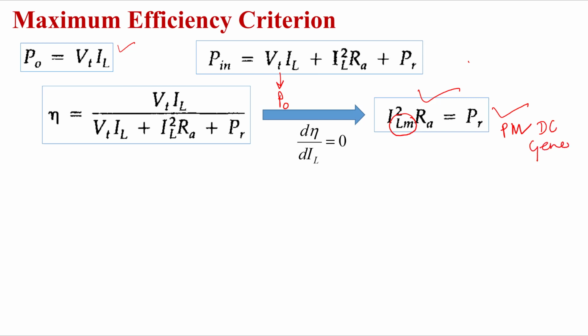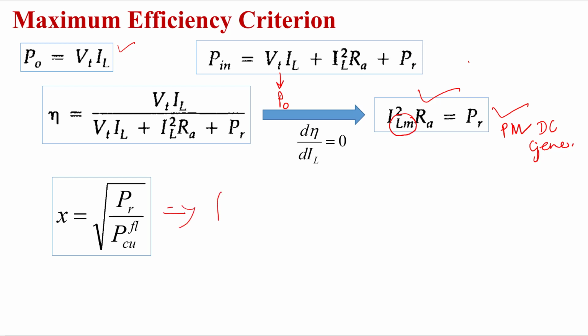So now, if I find at what percentage of load this will be the maximum, then of course from this expression I can find x equal to square root of P_R by P_copper at full load. That will give me the fraction of full load at which it will give the maximum efficiency, right?